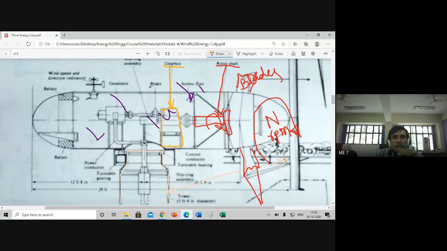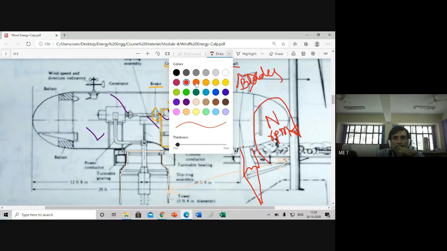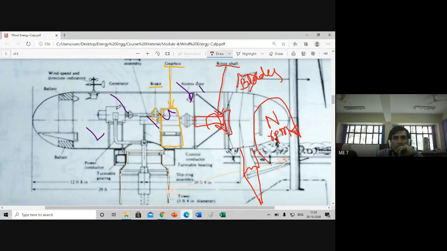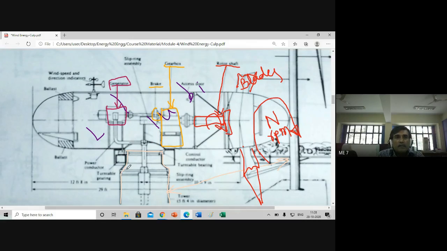This is brake. Then this is generator. The generator generates electricity, and that is sent for the further applications.